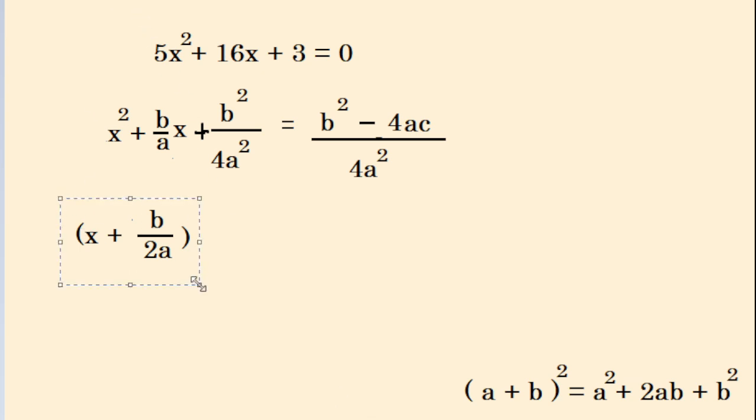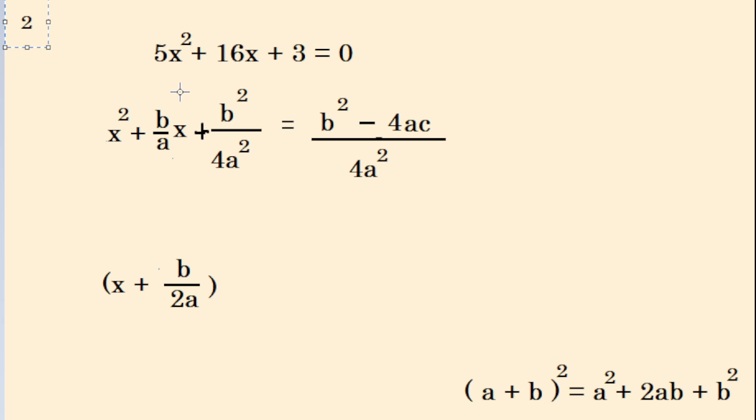And basically, this thing we got, if we square it, we get this one, because squaring means multiplying with yourself. We could just do it.